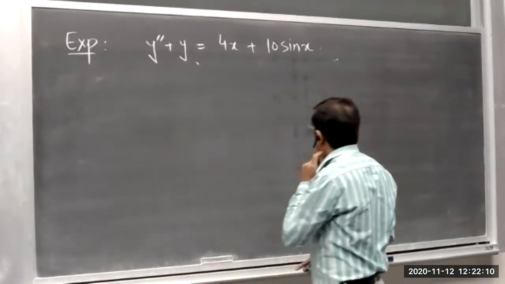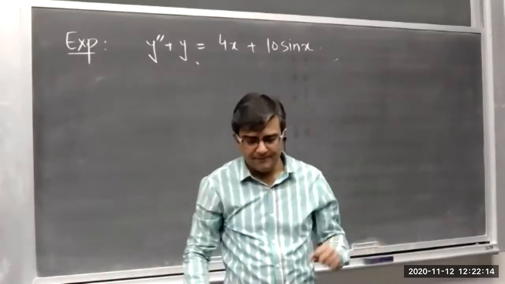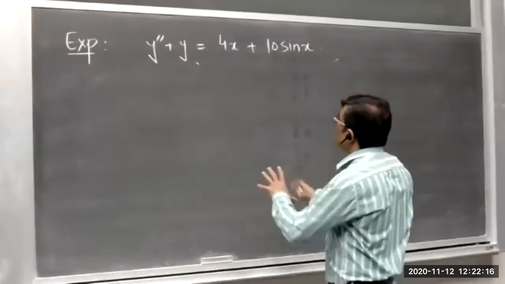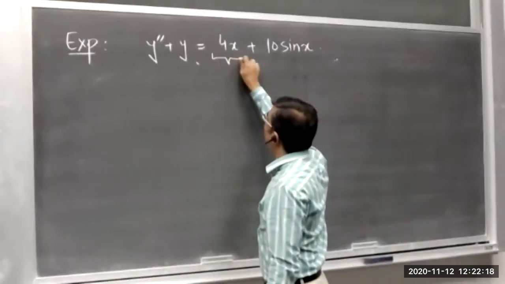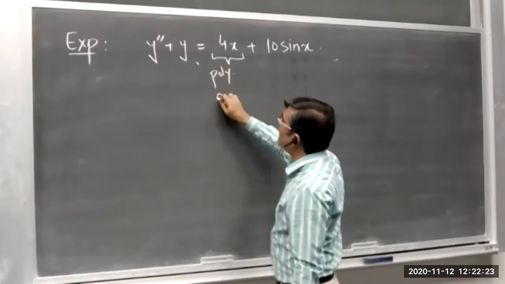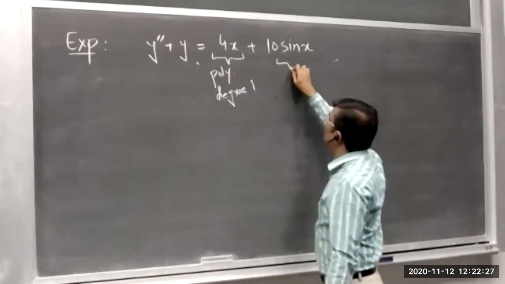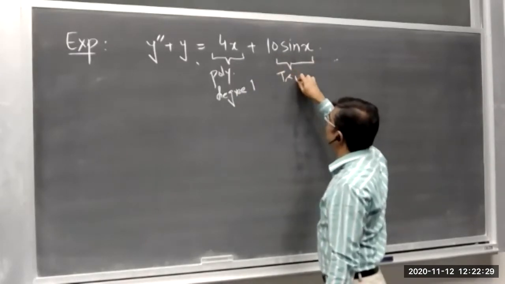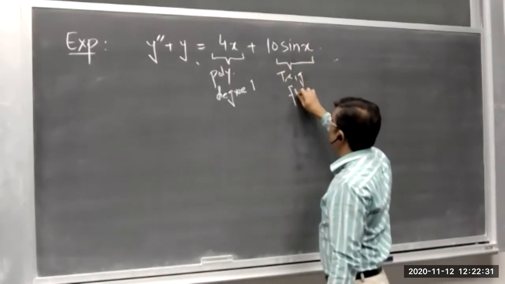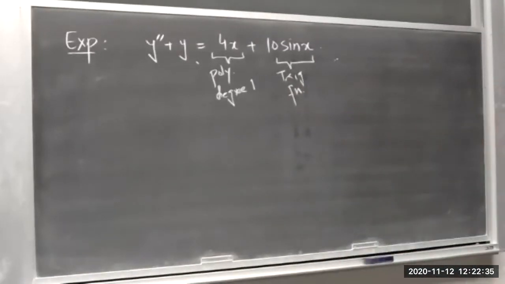You can see here that the right-hand side is a sum of two different types of functions, because this is a polynomial function of degree 1, and this is a trigonometric function. So we can use the principle of superposition here.